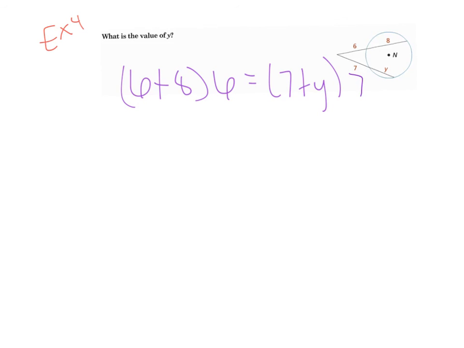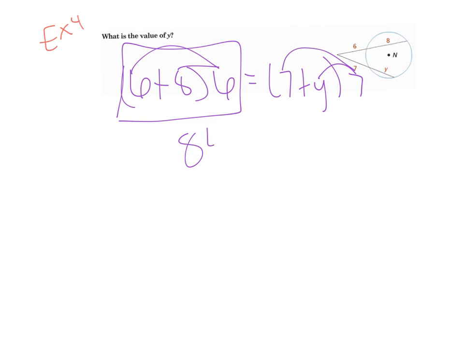And then we simplify this. It would be easier on this side if we added 8 plus 6 first, and then multiplied that by 6. So 8 plus 6 is 14 times 6. That gives us 84. And on the other side, we get 49 plus 7y.